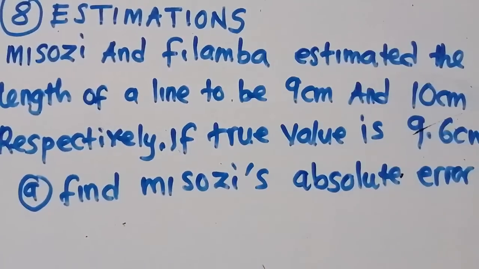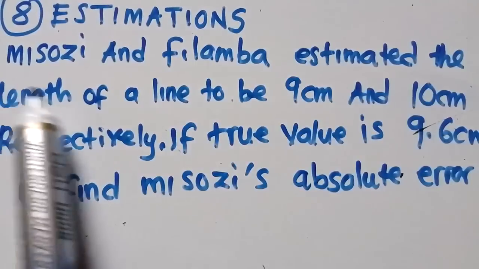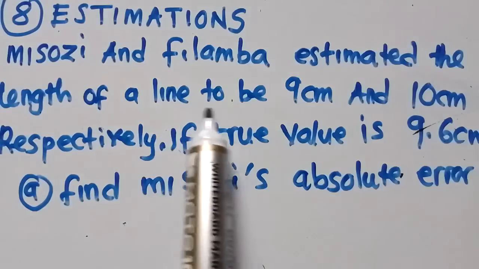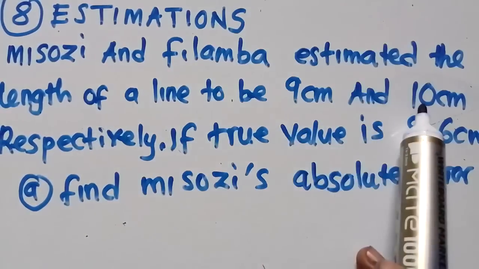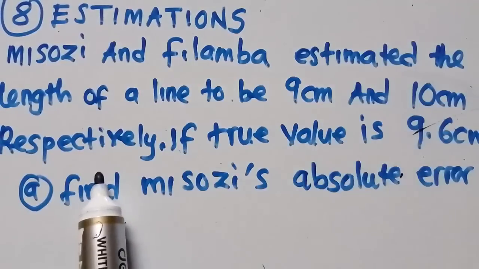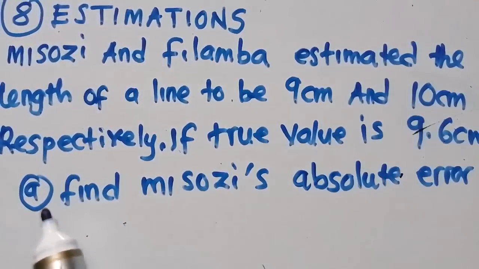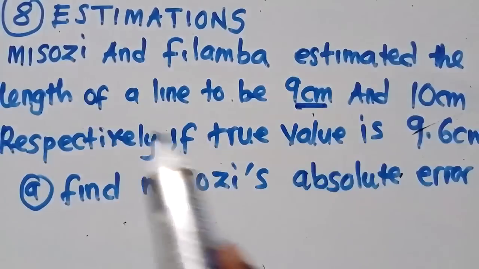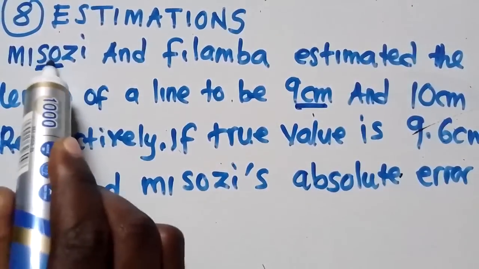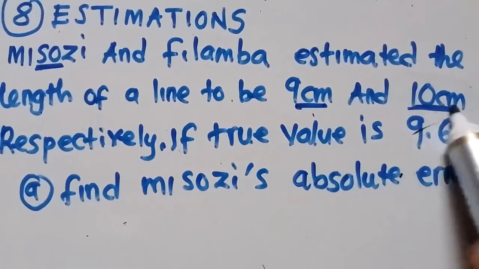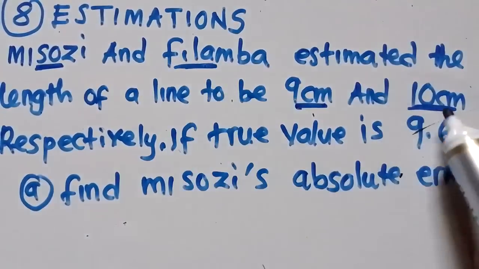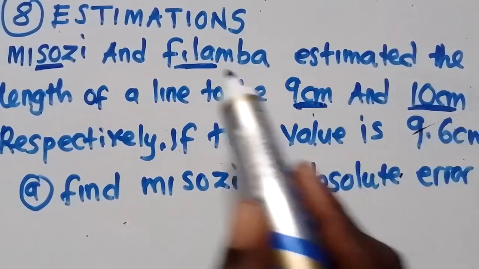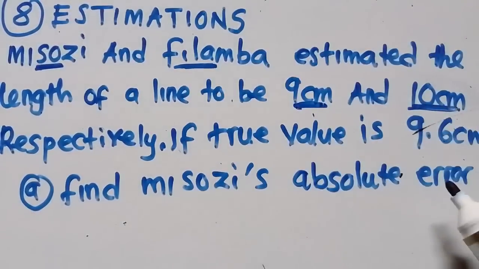Our next question says Misozi and Filamba estimated the length of a line to be 9 centimeters and 10 centimeters respectively. I believe you know what respectively means: 9 centimeters was for Misozi because she was mentioned first, then the second mentioned, Filamba, is 10 centimeters.